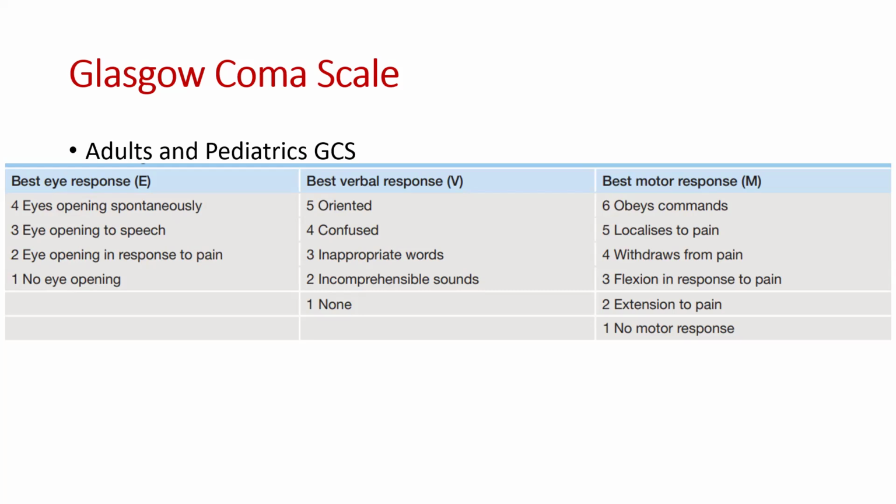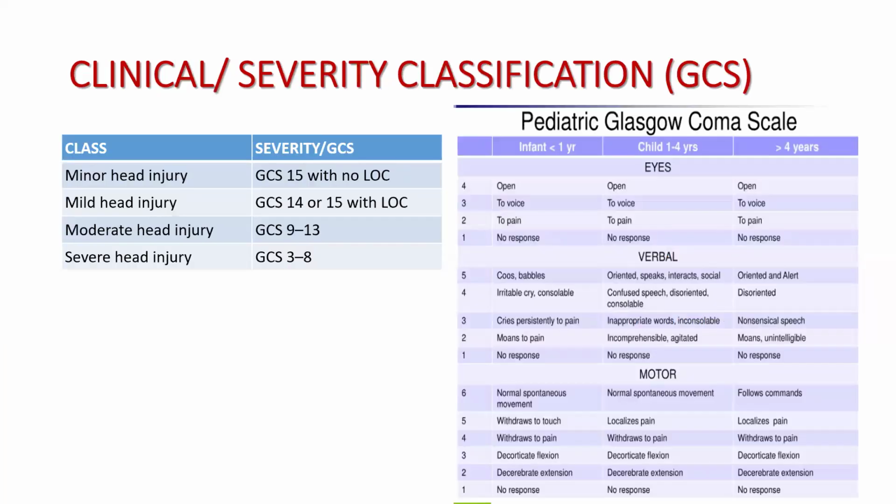Then best motor, 6 is obeys command, 5 localizes pain, 4 withdraws from pain, 3 flexes in response to pain, 2 extends to pain, and 1 has no motor response. So this helps us to classify our head injury.